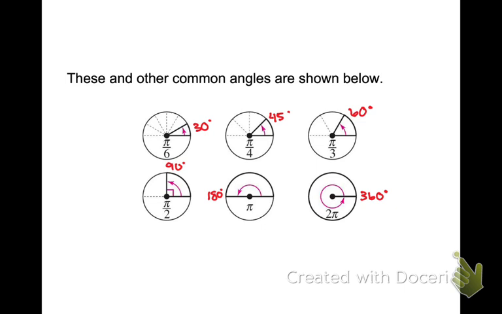Why was there 270? I don't know. They only did the first quadrant angles right now. We will actually do these angles, like this is 60 degrees here and it's 120 here. Because 60 plus 60 is 120.